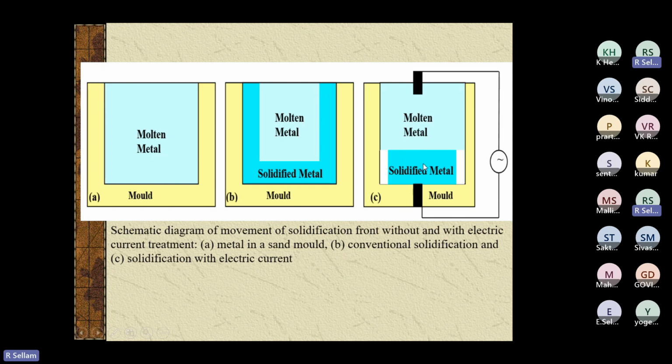But with electric solidification, the solidified metal is separated from the mold wall. Then molten metal remains over there. Then another batch of solidified metal sets over here, and therefore they make this type of bands. But it is visible only at a particular level of current intensity. If you go for higher current, this is not appearing. It is finished.